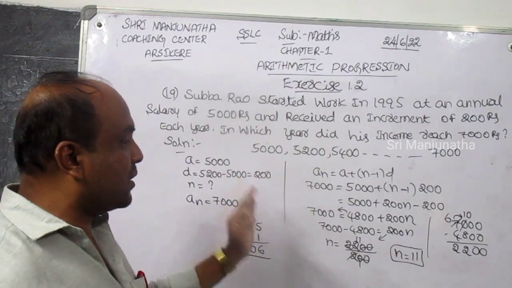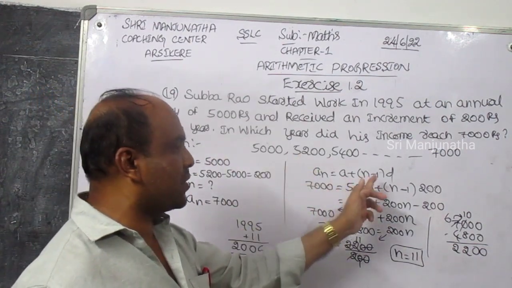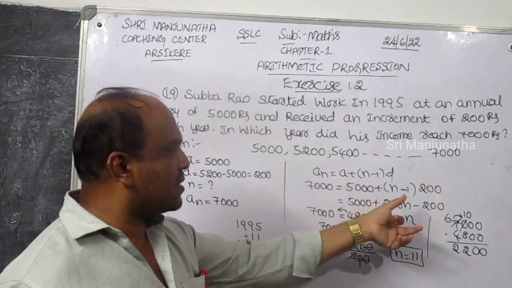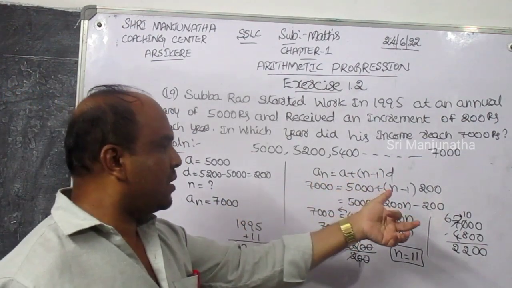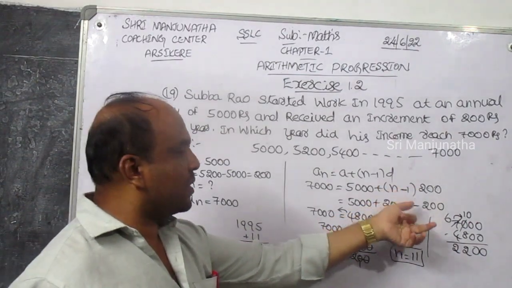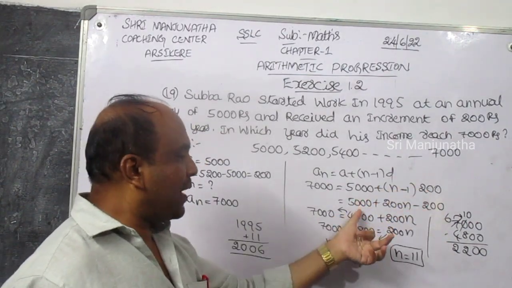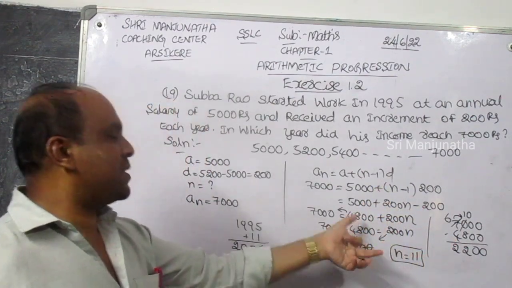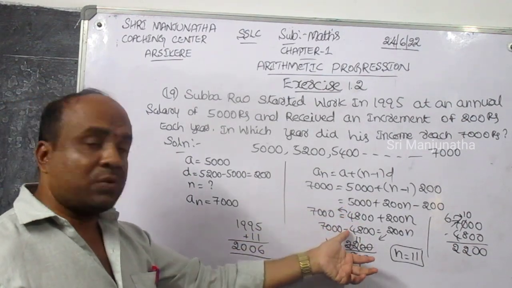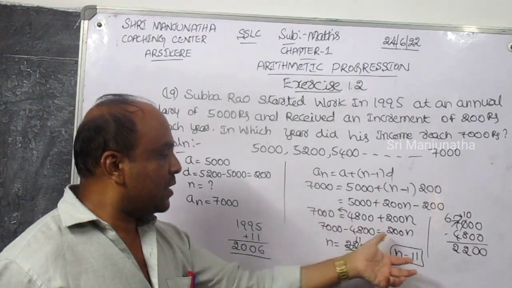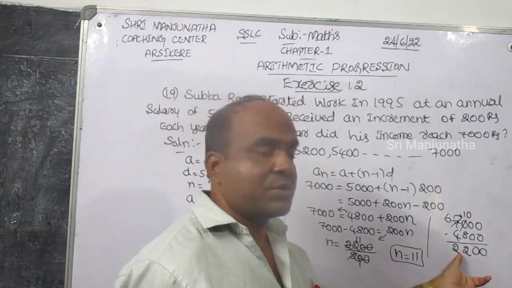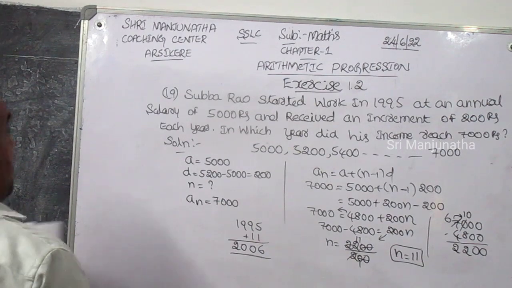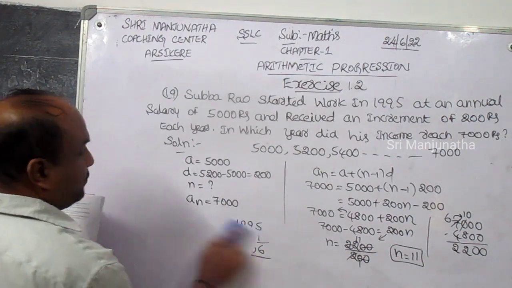The formula to find the nth term of an AP is AN equals A plus N minus 1 into D. AN equals 7,000, A is 5,000, N minus 1, D value is 200. 200 into N, 200 N, plus into minus, 200 ones are 200. 5,000 minus 200 is 4,800, plus 200 N. The plus 4,800 comes to this side, the sign will change. Equal to 200 N. 7,000 minus 4,800 is 2,200, divided by 200. Okay.